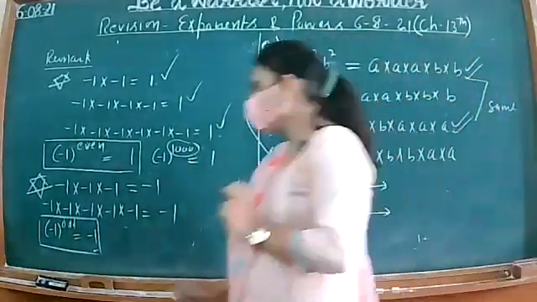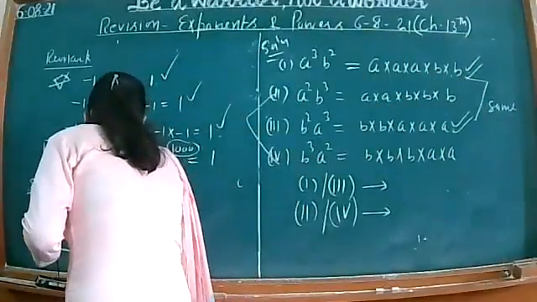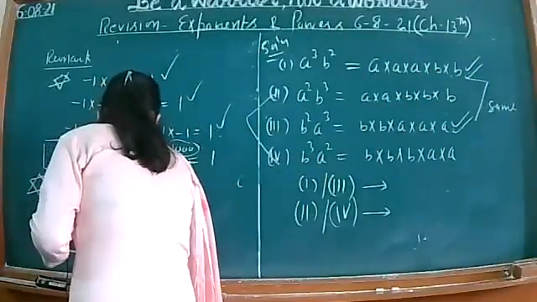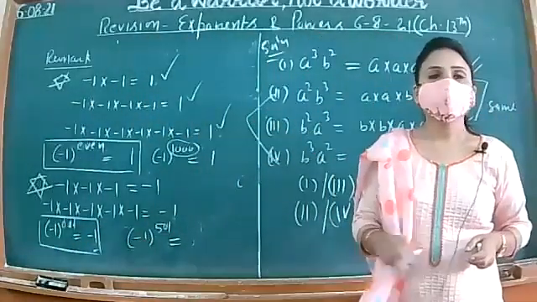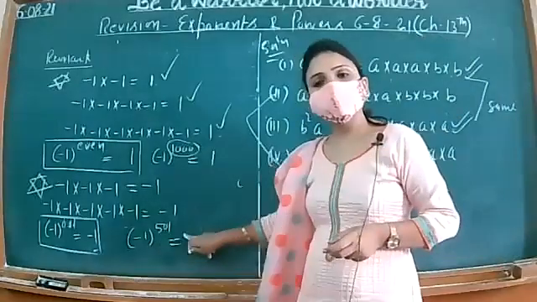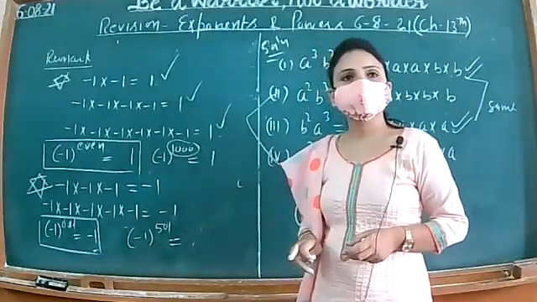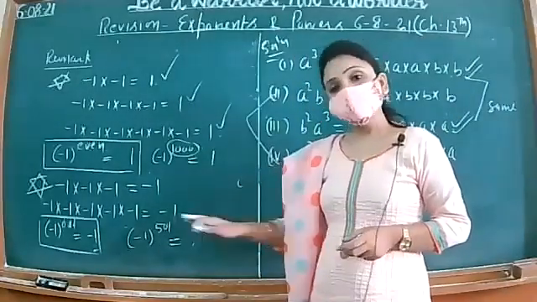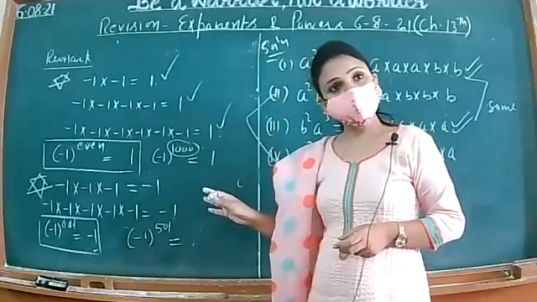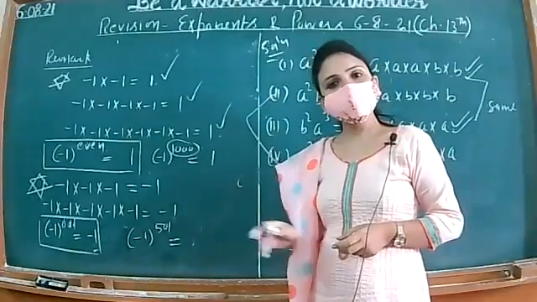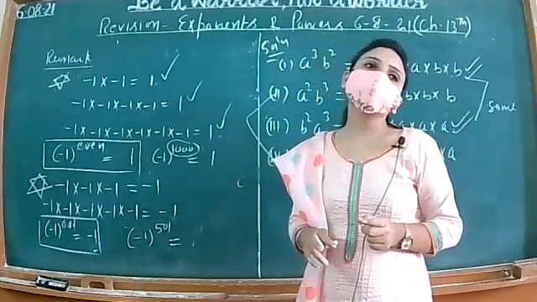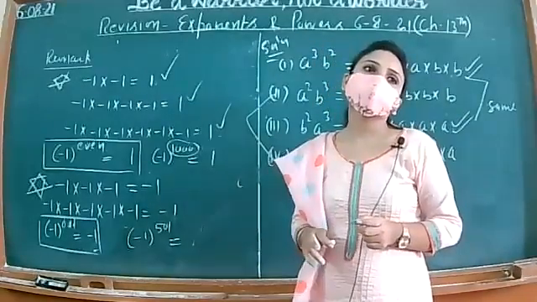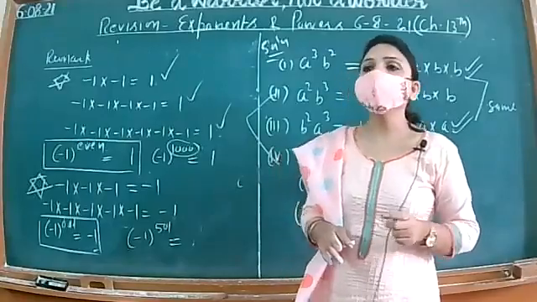That means if I'm asking you what is -1 raised to power 501, what answer will come? You tell me. -1 written 501 times. What will be the answer? Tell me directly. Yes. Why so? Because 501 is an odd number.